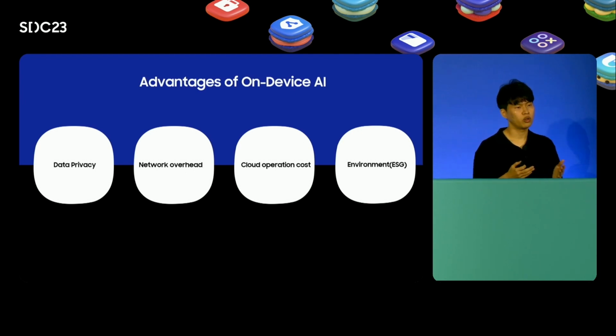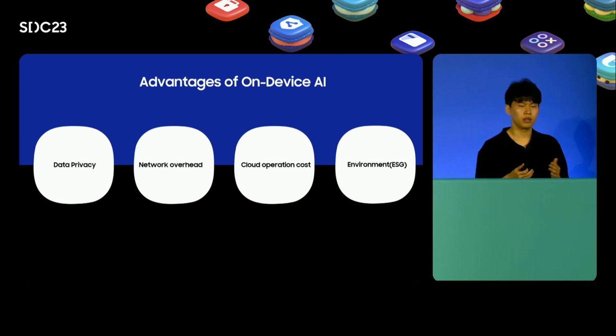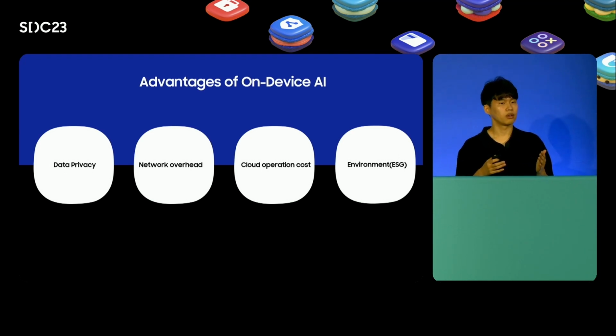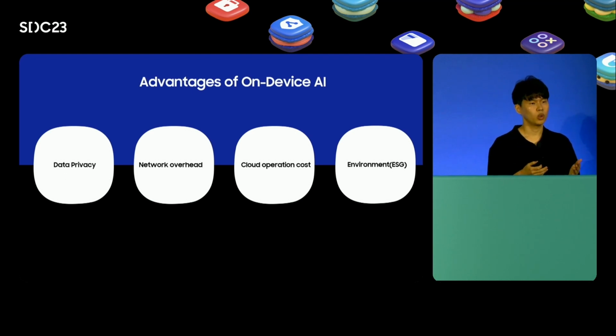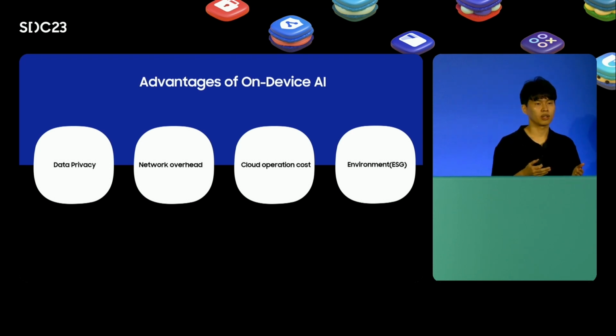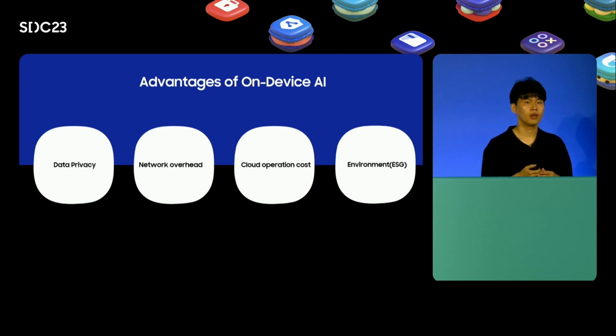Then, why do we need on-device AI while we already have traditional cloud-based AI? Here are four major advantages. The most important advantage is data privacy. With cloud-based AI, user data are sent to the cloud, and I'm pretty sure that no one likes to send their private data to the server. Another advantage is network overhead.